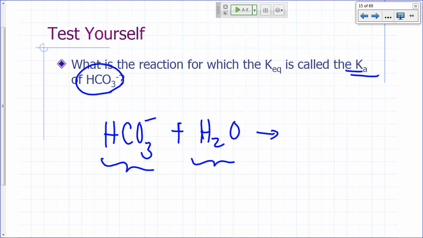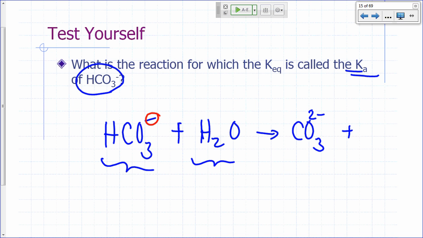So what happens to it? It loses an H plus. So when HCO3- loses an H plus, what's left behind? CO3. But what's the charge now? Instead of -1, it's now -2. It's lost another plus charge, so it's now -2.